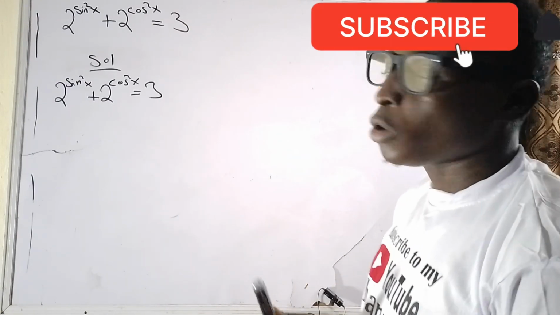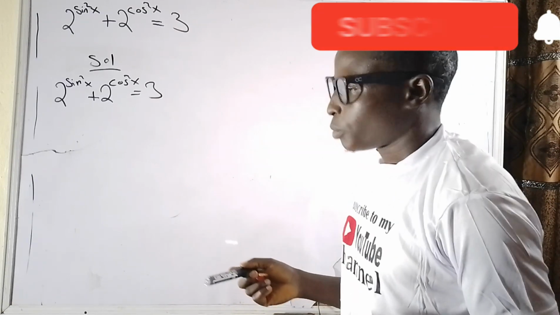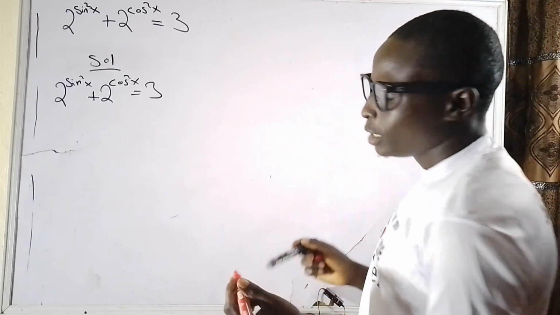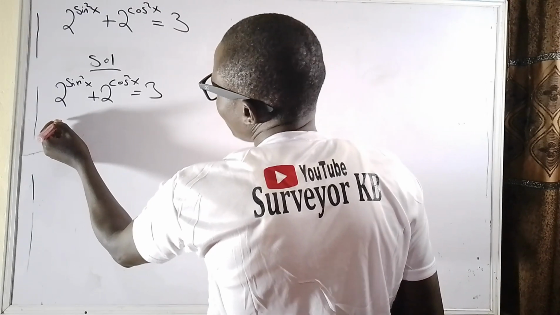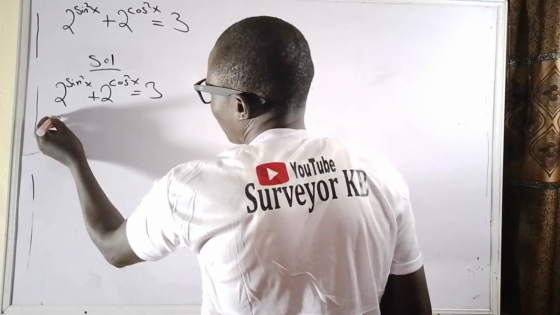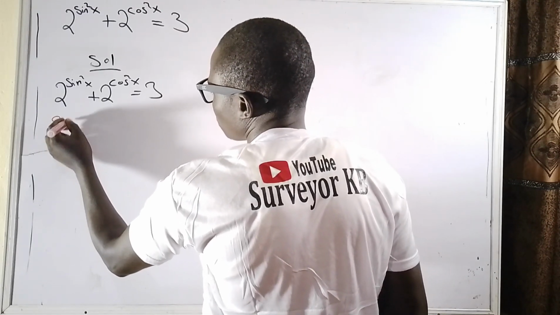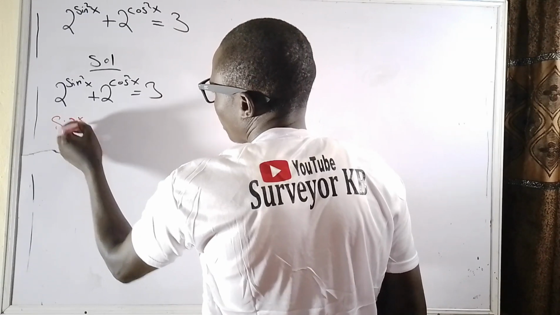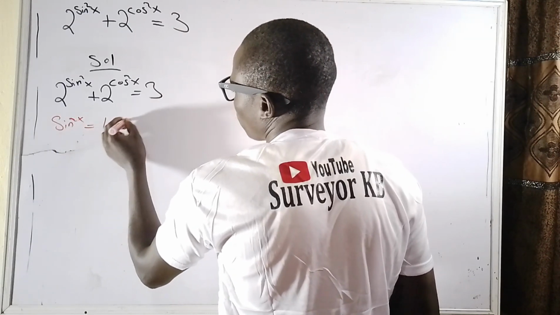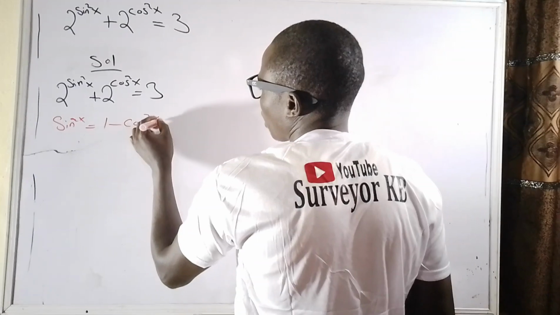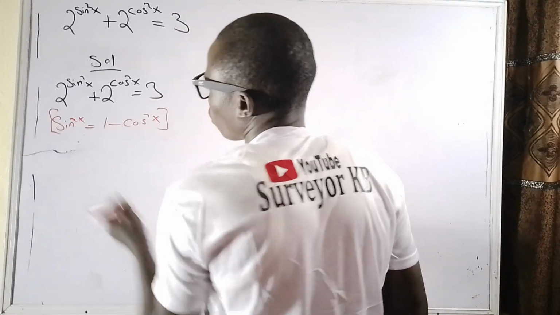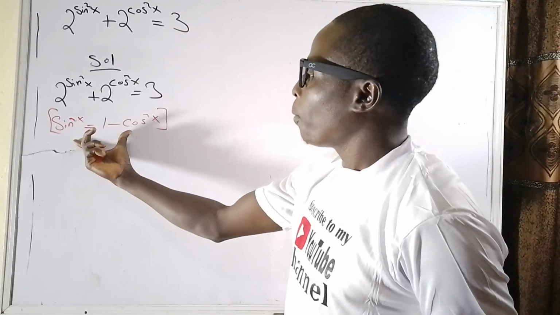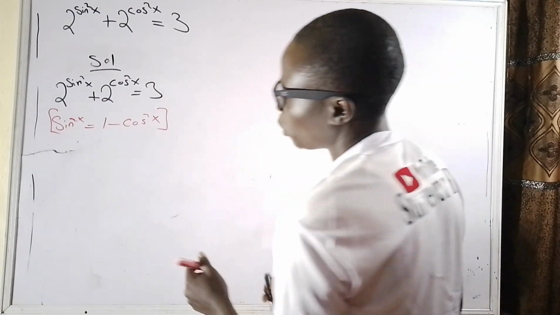But I would like to draw us back a little to our identities, that anytime you have sine square x, it is the same thing as 1 minus cos square x. So knowing this will help us in solving this particular equation.